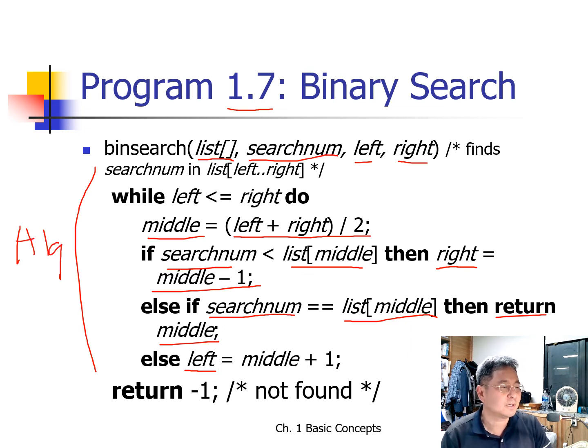What is the data structure used in these algorithms? Can you answer it? So the data structure used in this algorithm is this list array. Okay, so this list array, of course, is a sorted array.